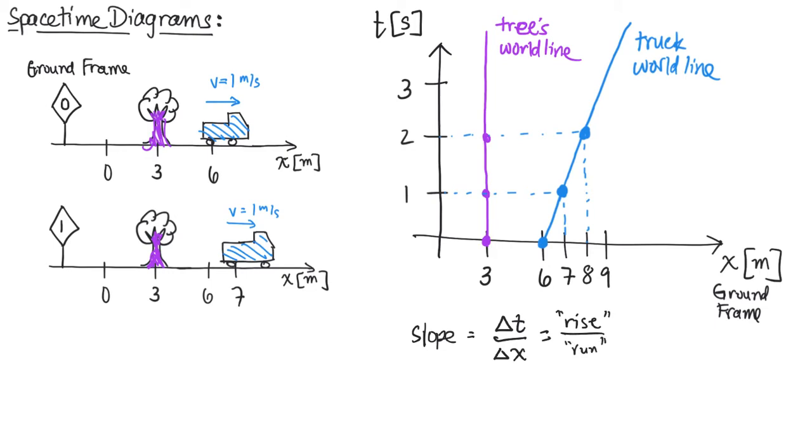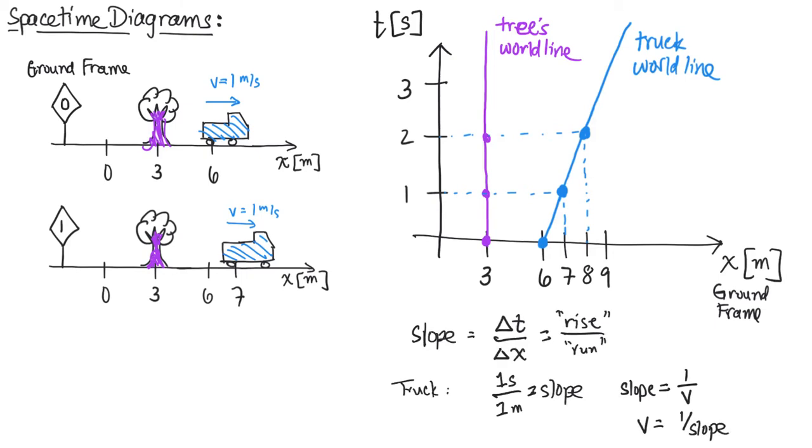Okay, and for the truck, the rise is 1 second for a run of 1 meter. And so the slope, it's not the velocity or the speed rather, but it's the inverse of the speed. So we have slope equals 1 over the speed, or the speed is 1 over the slope.